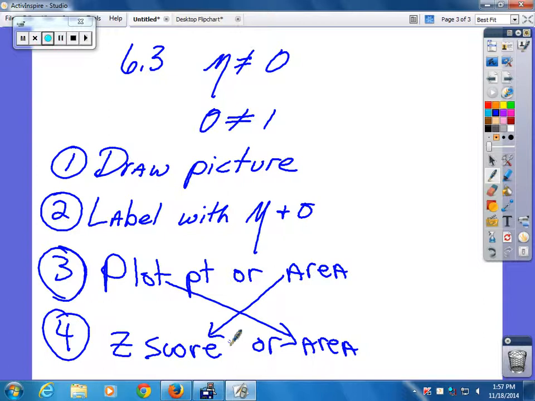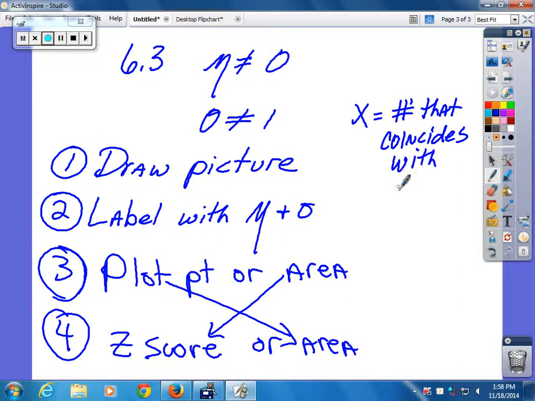Except this time, you have two formulas you can use to find the z-score and to find x. What is x? X is the number that coincides with the given scale.